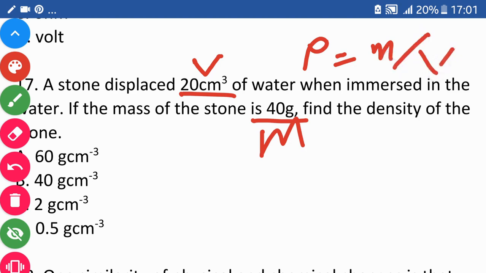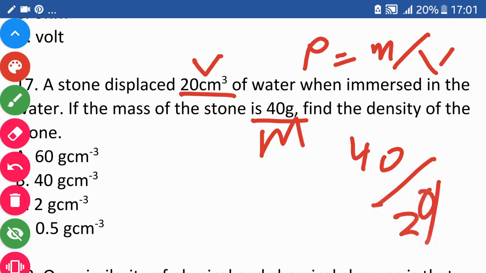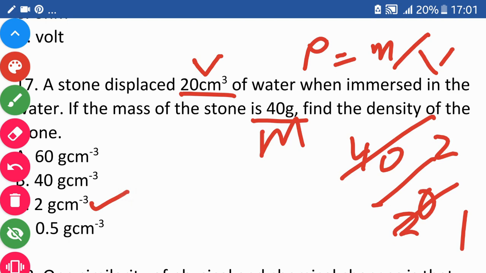So in order to find the density, mass is 40, volume is 20. 20 here, 20 here 1, 20 here 2. So the answer is 2 gram per cm cube. So the answer is C, 2 gram per cm cube. That's the answer for question 17.